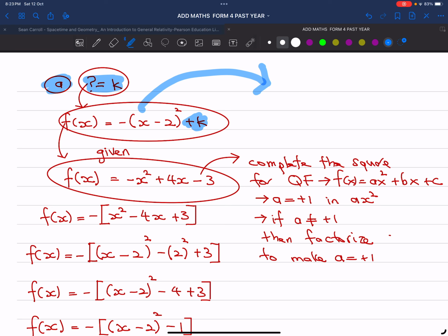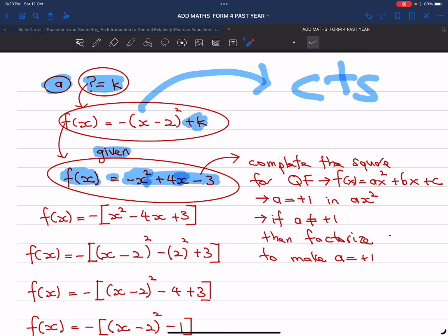complete the square. But we are given the equation f(x) equals negative x squared plus 4x minus 3, which is not complete the square. Therefore, I must take the given equation and complete the square for that quadratic function.